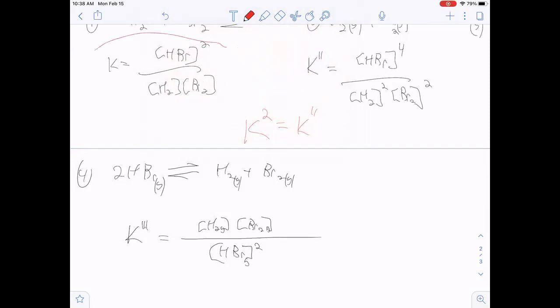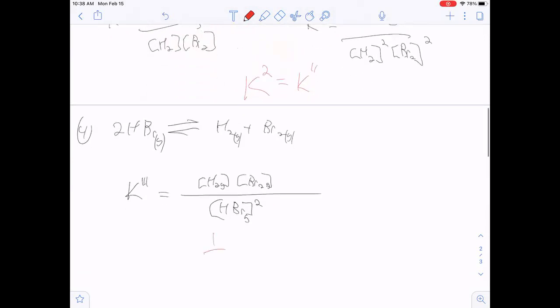So now how do I turn this into this? The way I'm going to do that is I'm going to flip this, do 1 over. So if I do 1 over, that means 1 over K is equal to K triple prime.